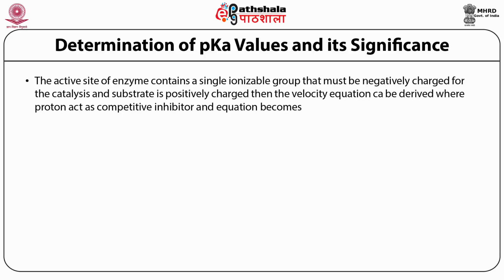Therefore, the velocity equation for the effect of pH on the enzyme is similar to competitive inhibition, and can be written as V0 equals Vmax times [S+], that is the substrate with positive charge, divided by Km multiplied by (1 plus [H+] divided by Ke) plus [S+].